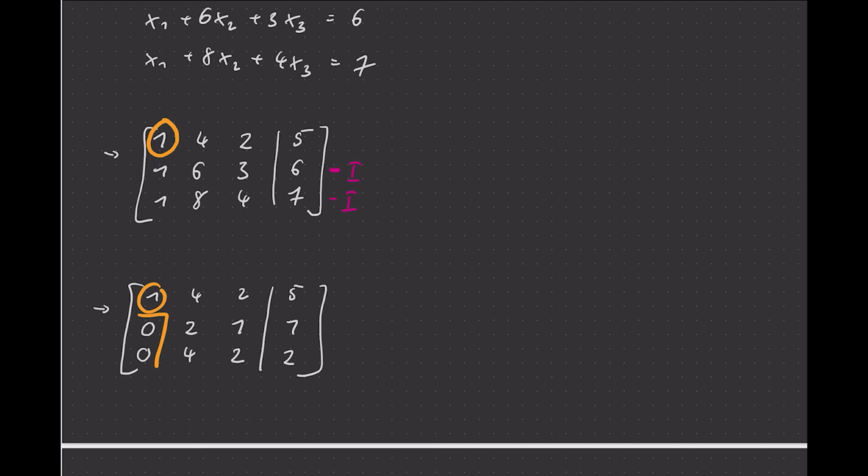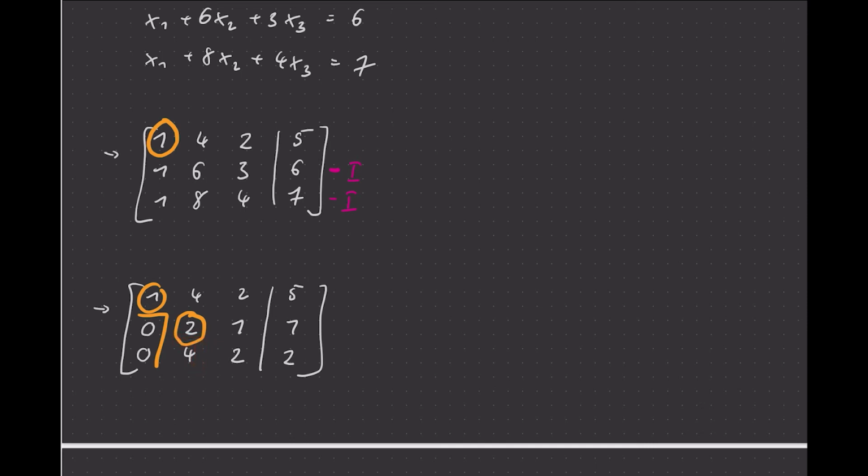So the next pivot from rows 2 and 3, the leftmost entry, we could choose either this 2 here or this 4. Any of those would do. And to make things a little easier, we just choose the 2. Now we want to produce zeros below that 2, in this third row here.